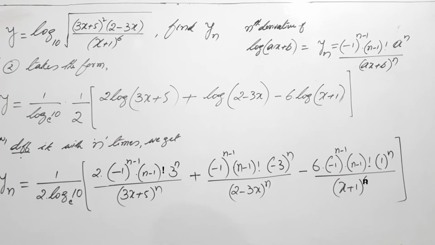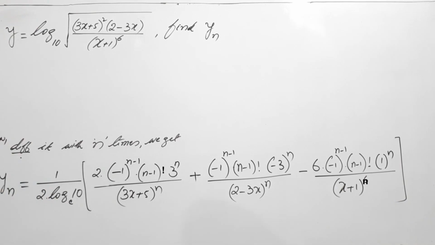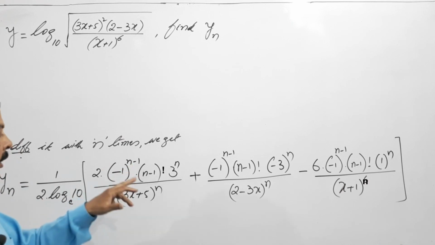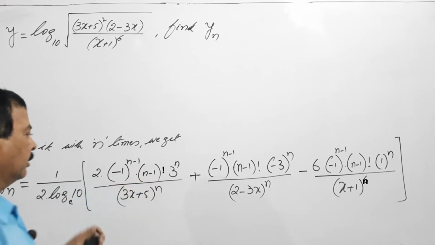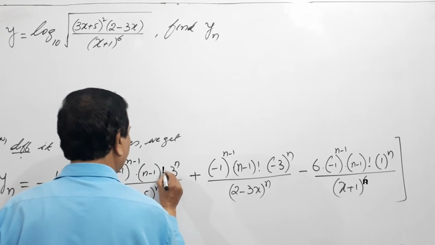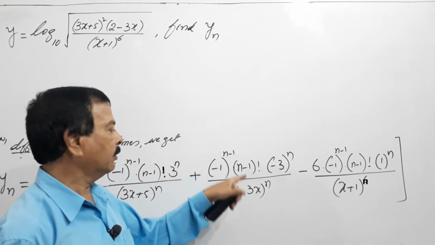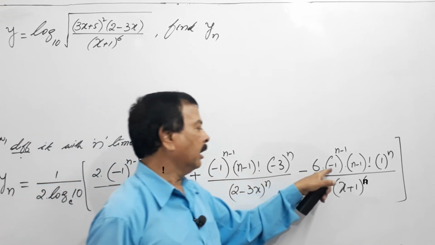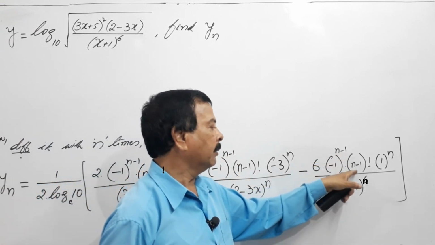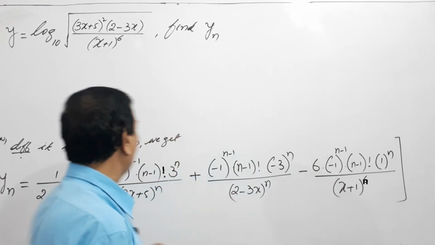So what I'll do is, we'll further simplify this. How? We'll rub this. So dear students, if you follow closely, what is common here? Minus 1 to the power of n minus 1, n minus 1 factorial. Again minus 1 to the power of n minus 1, n minus 1 factorial. Again minus 1 to the power of n minus 1, n minus 1 factorial. I'll take these things common.